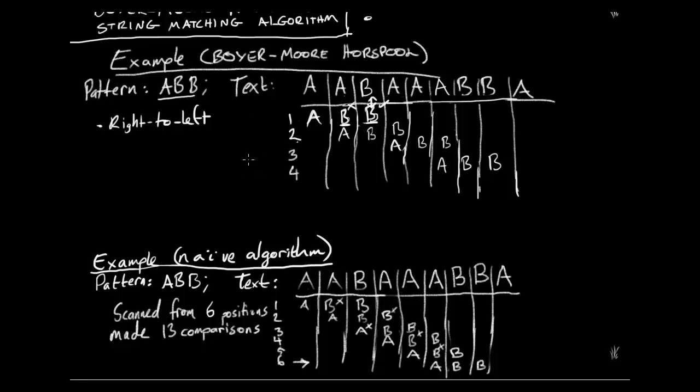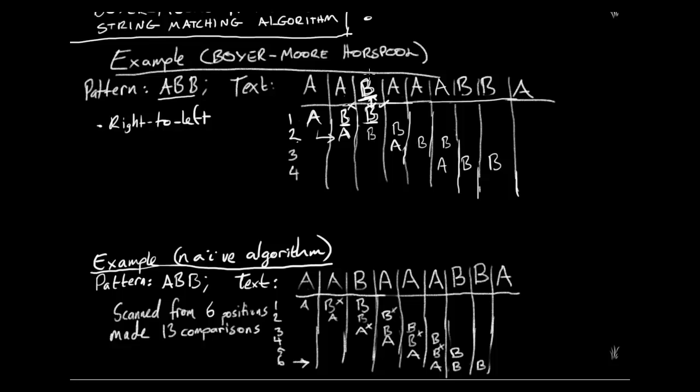In contrast to the naive algorithm, we don't simply move along the pattern by one index, although in this first case we do. We instead try to skip along by a certain amount so that we align this last character, the rightmost character in the text, with the rightmost character in our pattern of that same character.